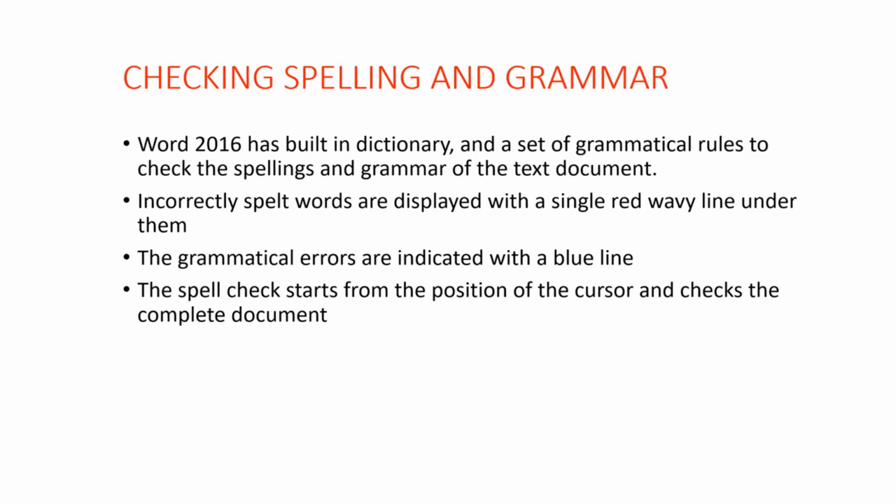That means if the spelling of the word is wrong, then you will be able to see a red wavy line. The grammatical errors are indicated with a blue line. If there is any grammar mistake, then you can see a blue line under that word. A spell check starts from the position of the cursor and checks the complete document. So wherever your cursor is, from there the spell check starts and it checks the full document.